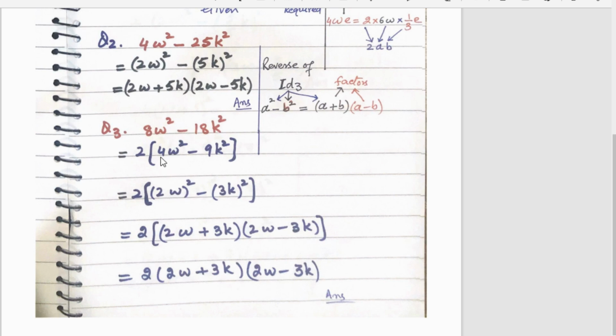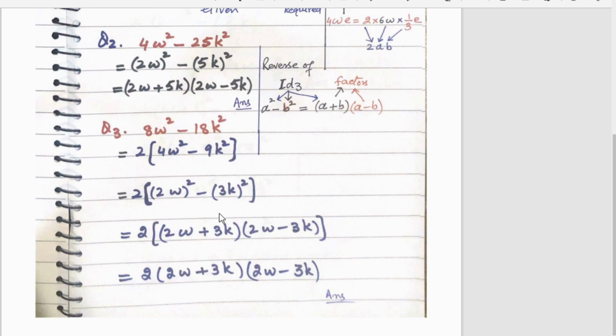It means we are able to get 4w square and 9k square back. It means our conversion is correct. 2w square minus 3k square is another form of 4w square minus 9k square. So it's a correct form.